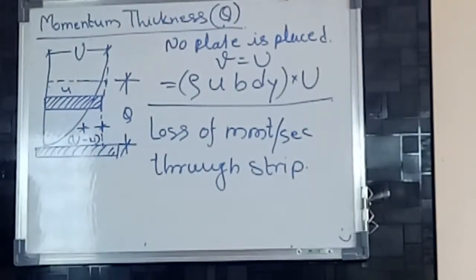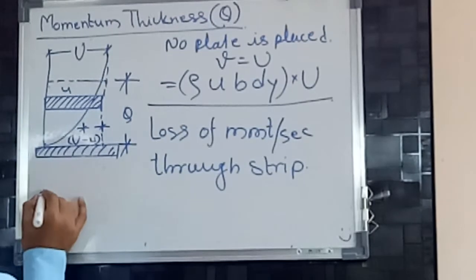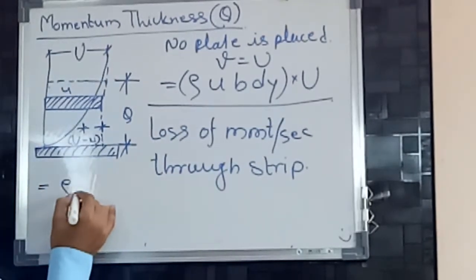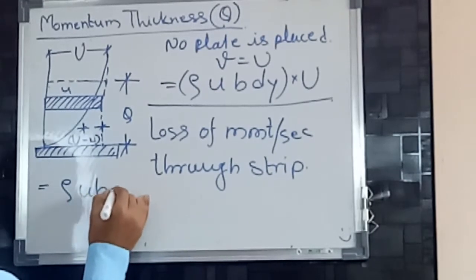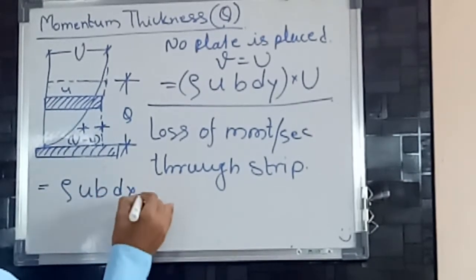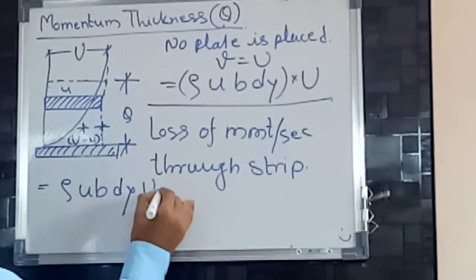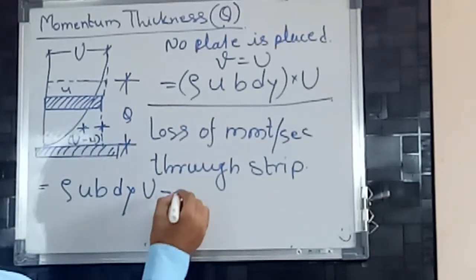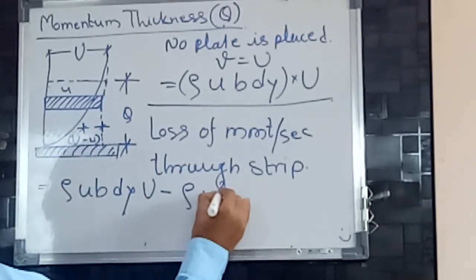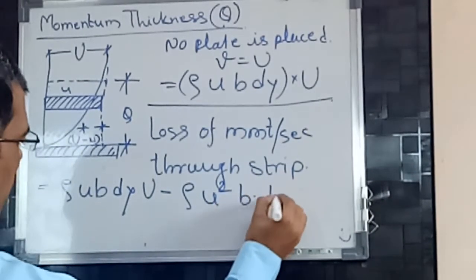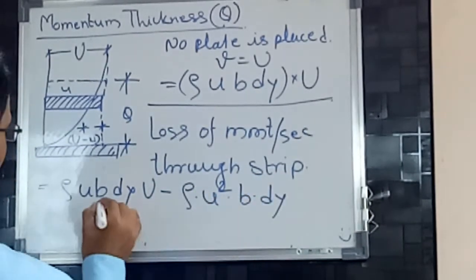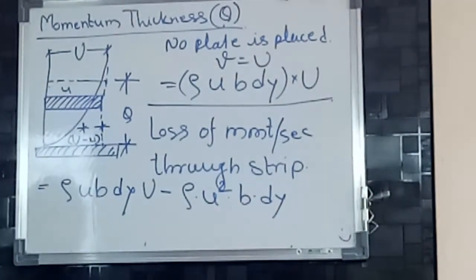So what is that? Rho u b into dy into U minus rho u square into b into dy. This is your loss of momentum per second.